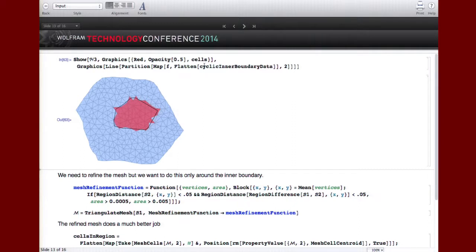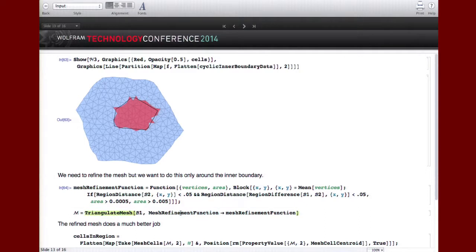But we only want to refine the mesh around this boundary. We don't want to refine the mesh everywhere. That just wastes polygons, and thus will lead to a much larger matrix to find the eigenvalues of. So we'll write a mesh refinement function, which uses the region distance and region difference here, which says, if you're close to this black line, I want to refine the mesh.